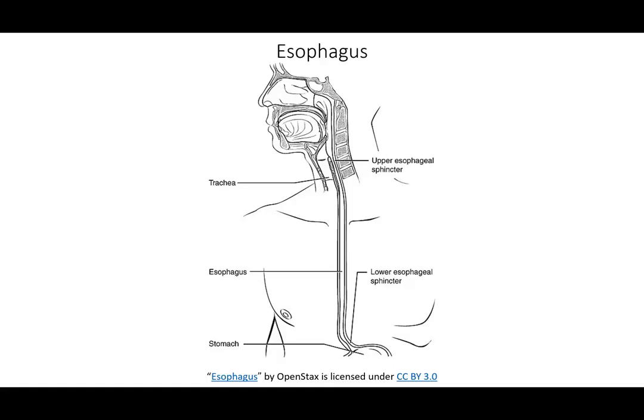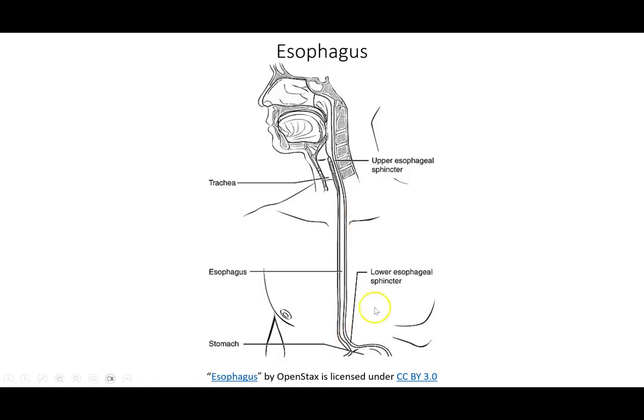And so that upper esophageal sphincter is really important for slowly moving food through the esophagus. This is going to be under some conscious control. So we do have some of that smooth and skeletal muscle there.